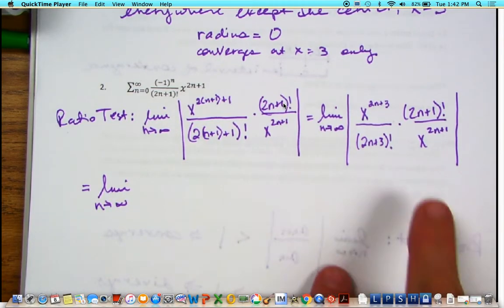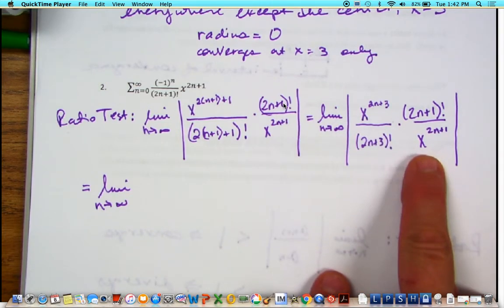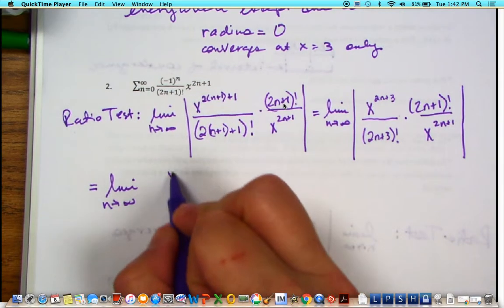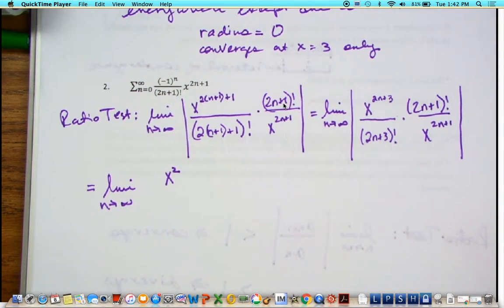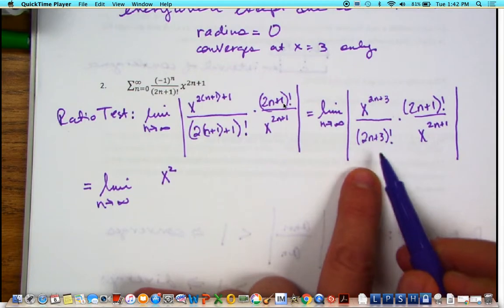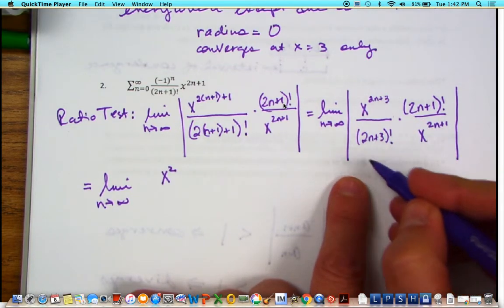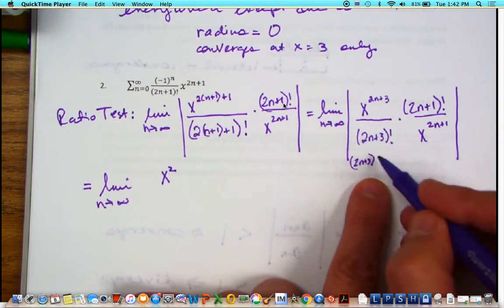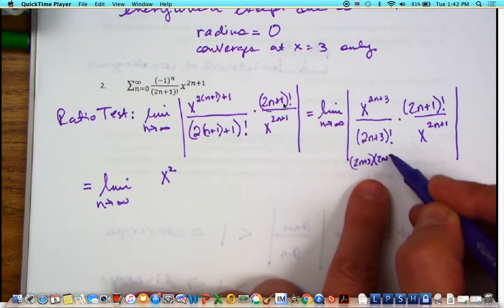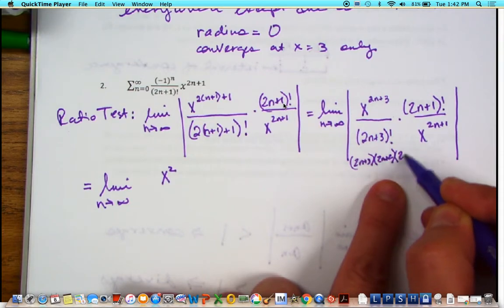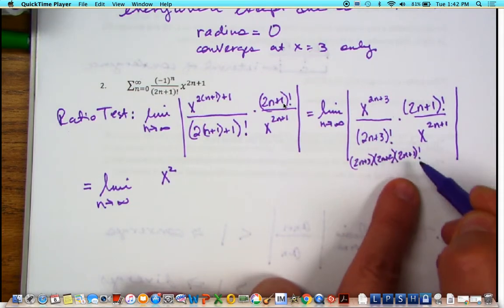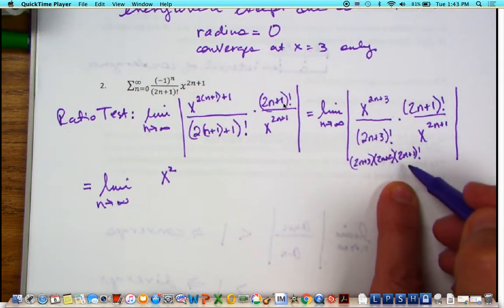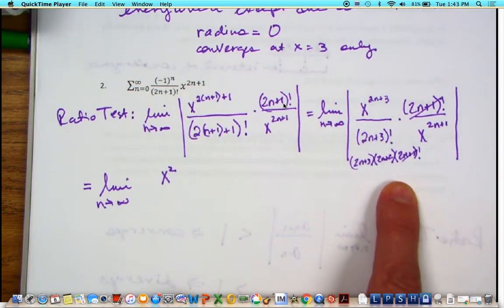Okay, so let's do the x's first. What's going to be left? An x squared in the numerator, right? And then let's talk about this 2n plus 3. It goes 2n plus 3, then what? 2n plus 2, then 2n plus 1, and aha, I can stop there, right? Because that's going to cancel out.